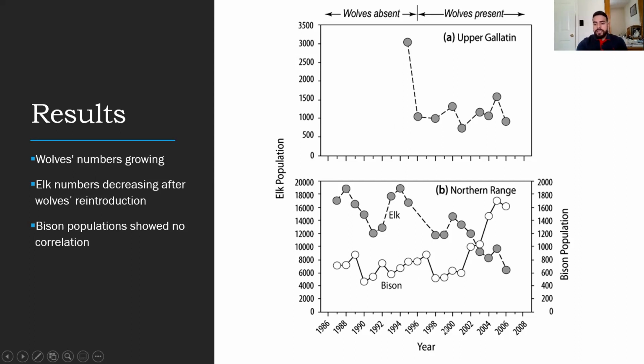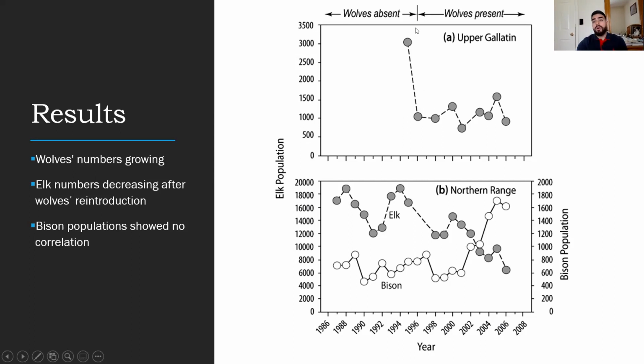Also, the x-axis of this graph is the years for both the lower and the upper graph, and the y-axis for the Upper Gallatin area is the elk population. Now for the Northern Range in the lower part of the graph, there are two y-axes, and on the left you have the elk population, and on the right you have the population of the bison.